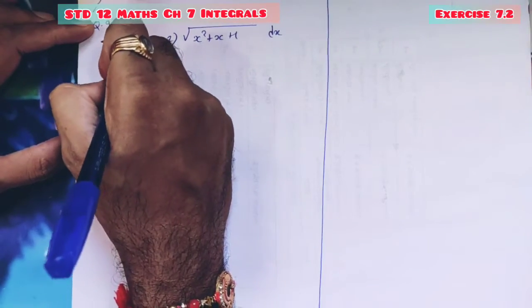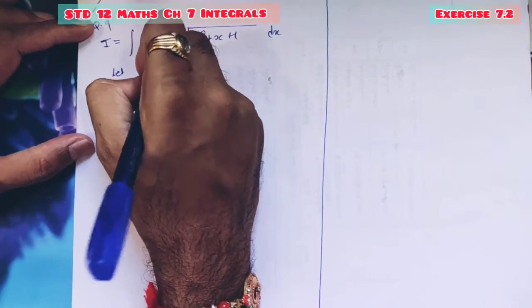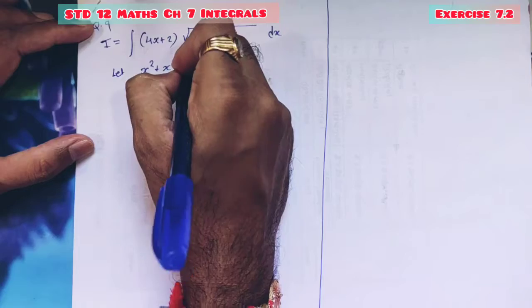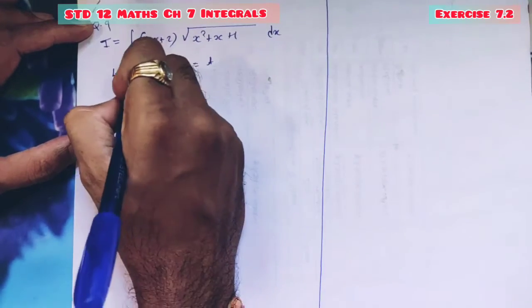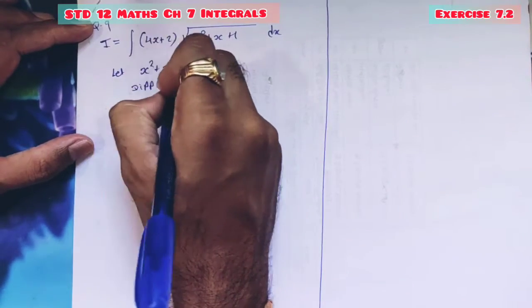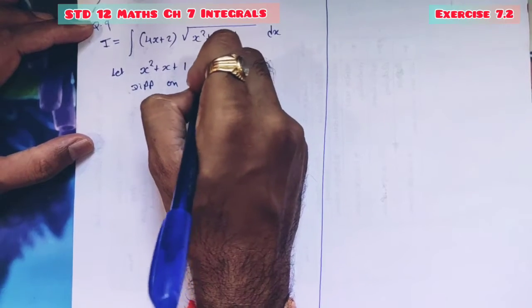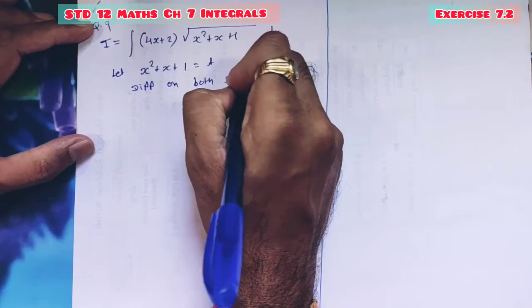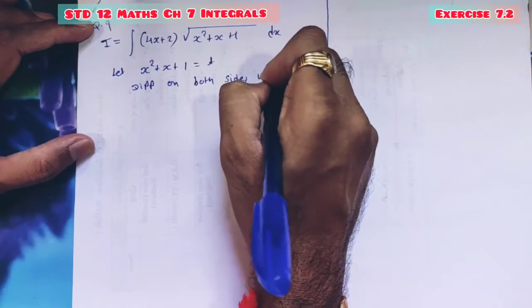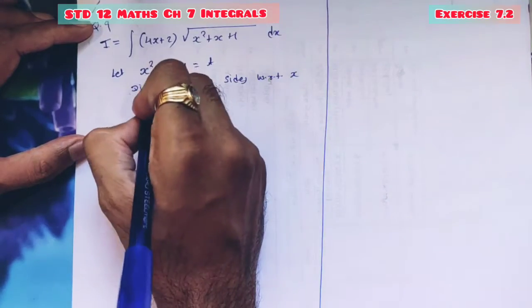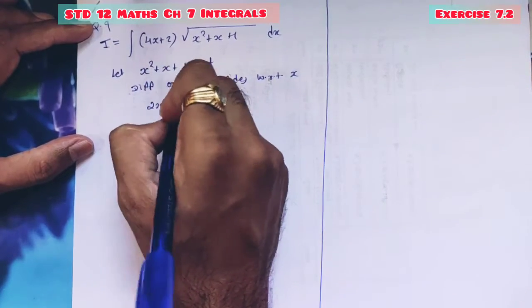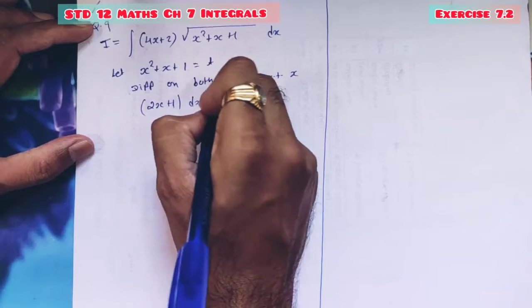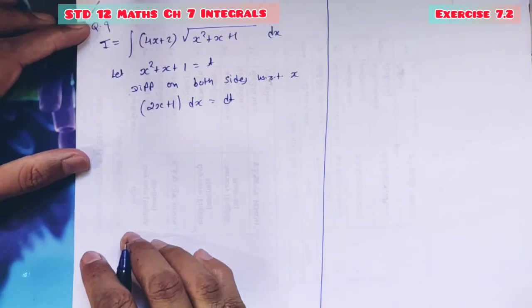So here we are taking x square plus x plus 1 equal to t. Differentiate on both sides with respect to x. So we are getting 2x plus 1 dx equal to dt.